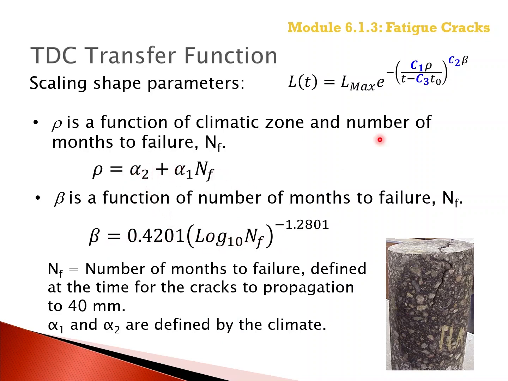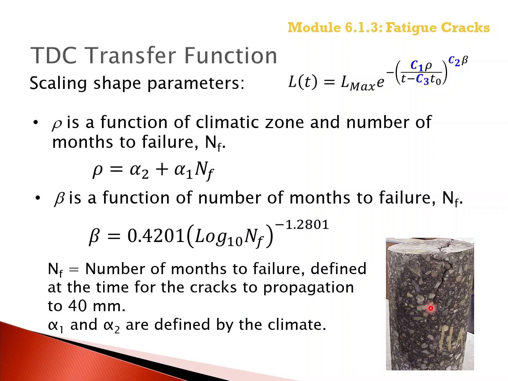Alpha, so for rho, alpha and beta are defined by the climate, and we will define those values in the next slide, as well as the number of months to failure, or to a crack depth, which is defined at failure, to a crack depth of about 1.5 inches. However, that does not mean that the crack depth stops at 1.5 inches.